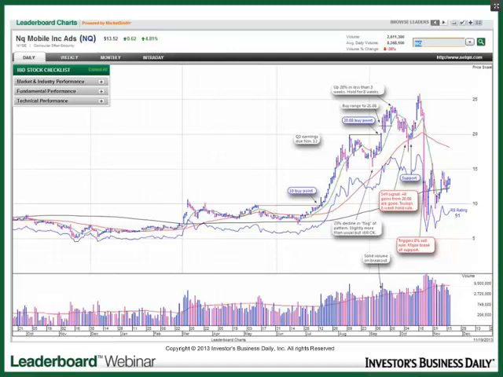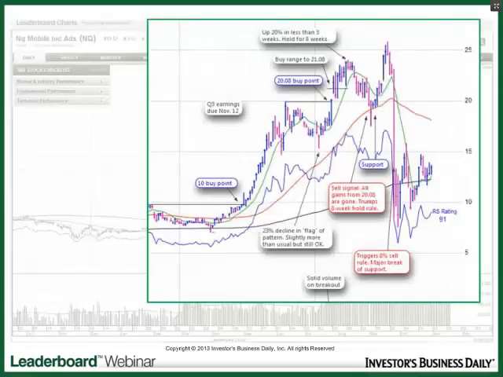That's correct. We'll talk a little bit about the technical action that happened here with NQ. Well, let's look at it. So the stock had run up from 10 to 20 very quickly. It's what we call a flagpole, and then it pulled back in a fairly restrained area. That's your flag.